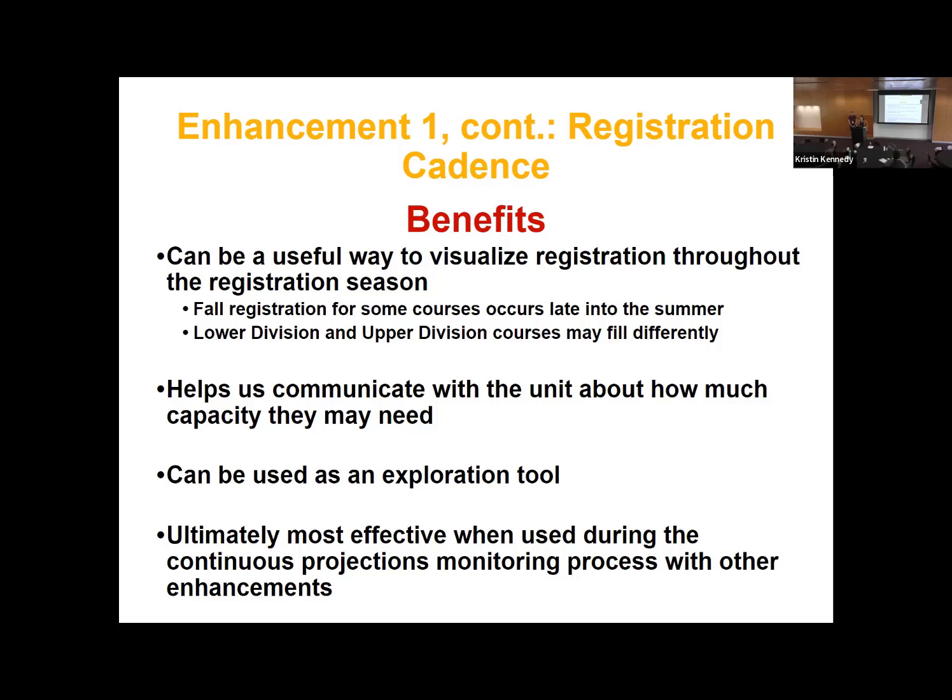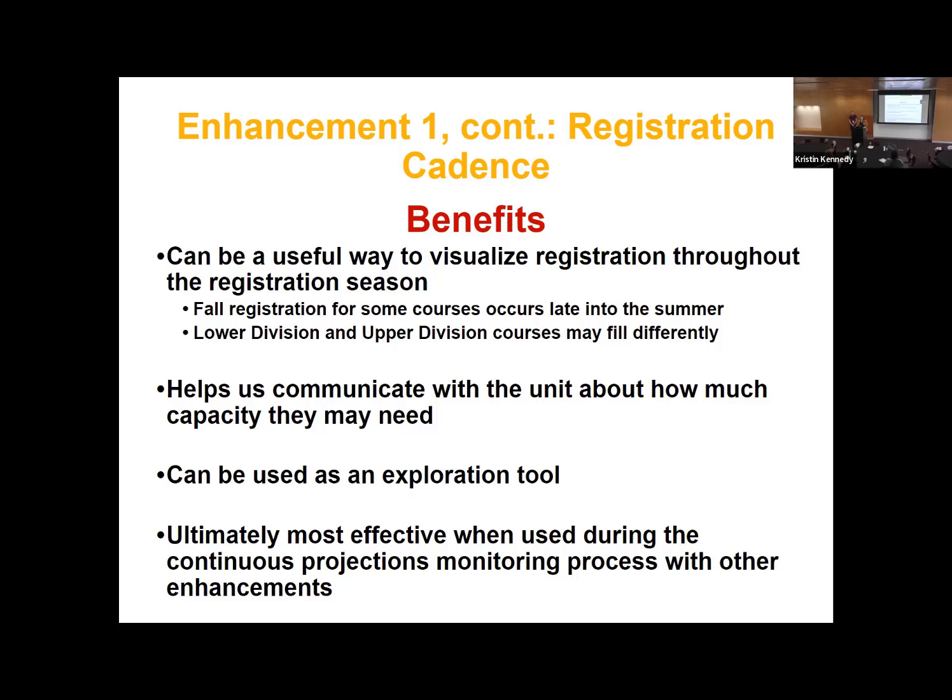And as I mentioned before, this is an exploration tool. It allows us to look into these things further and decide what changes we need to make. Ultimately, it's most effective when we use it with the other enhancements, to continue this continuous model projections process.